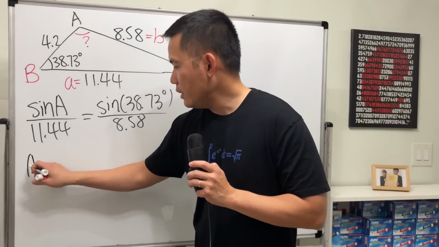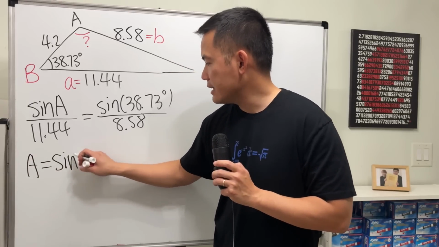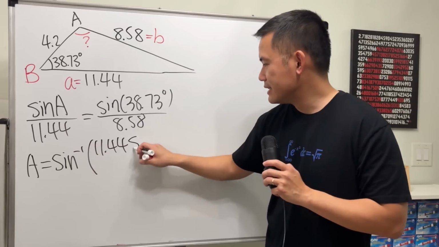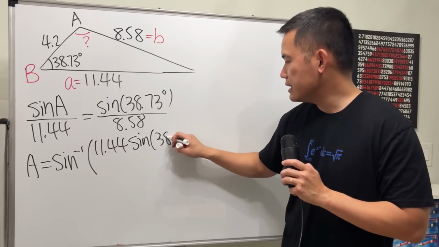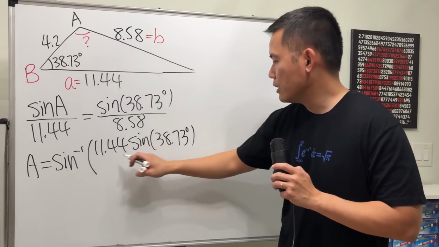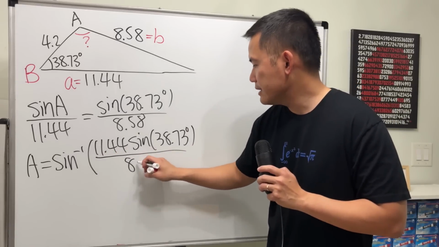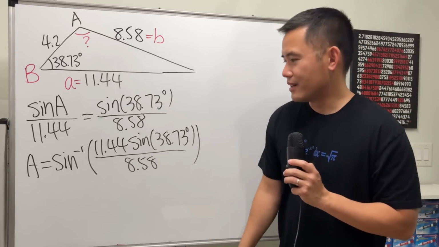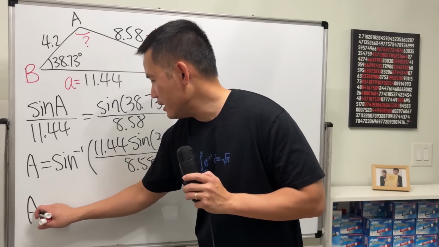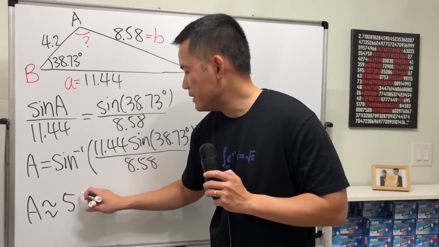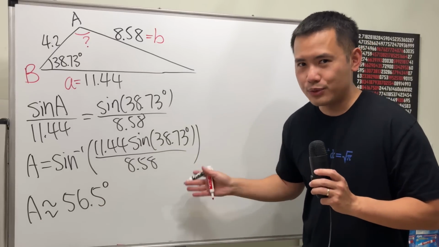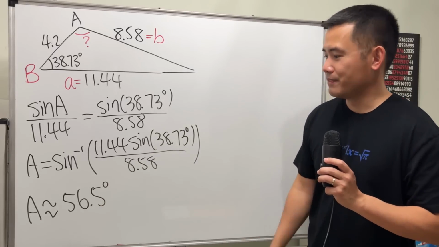So, A will be inverse sine of 11.44 times sine of 38.73 degrees over 8.58. And now we can just use a calculator, and when you do that, you will see A is approximately 56.5 degrees. And of course, make sure your calculator is in the degree mode.